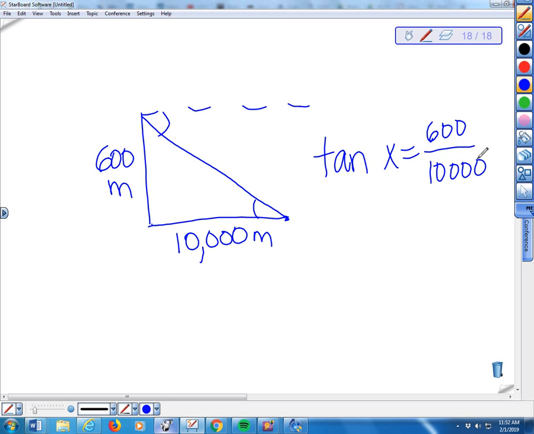And I plug that in. Tangent of 600 divided by 10,000 is, no, inverse tangent. 3.43 degrees, which is letter B.